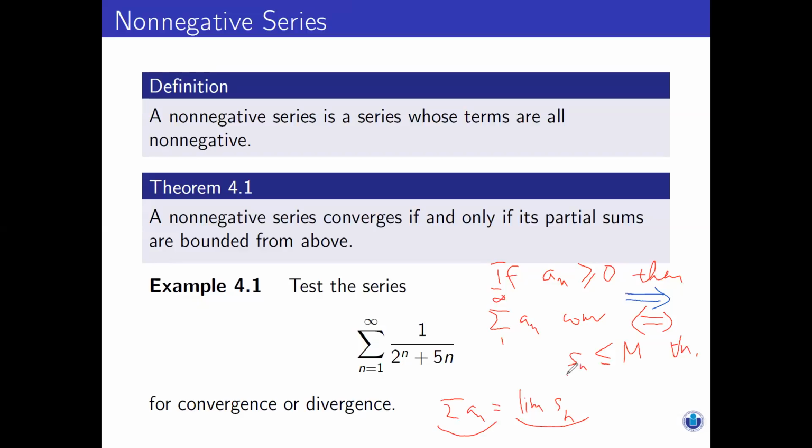So in particular, you have this. Now, how do we go the other way? Why does the boundedness from above of the partial sums imply that the series converges? Anyone knows?